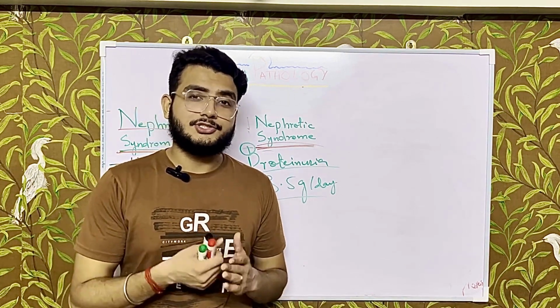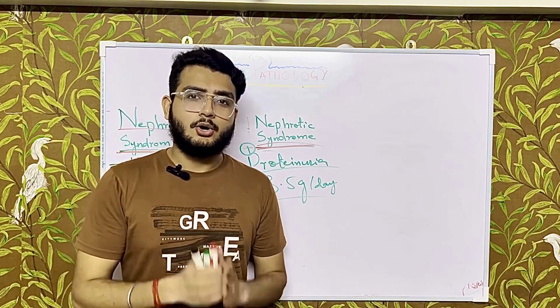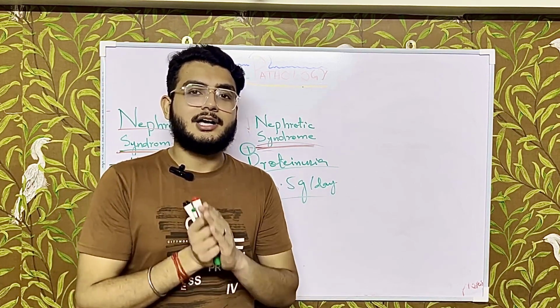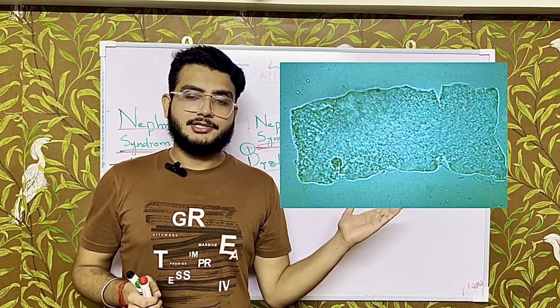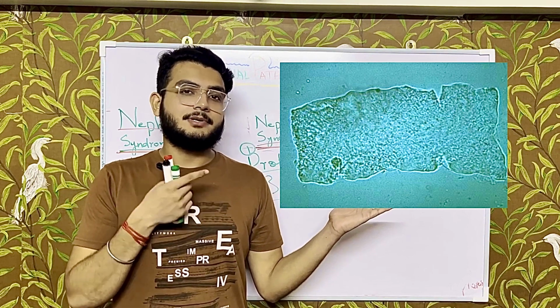Due to this hyperlipiduria, what happens? Lipid casts are formed, or we could say casts are formed. You can clearly visualize in this diagram, these are the casts having clear-cut margins with some cleavages.